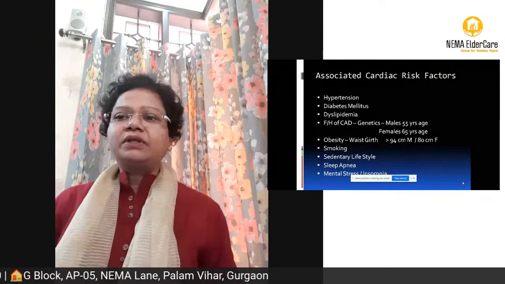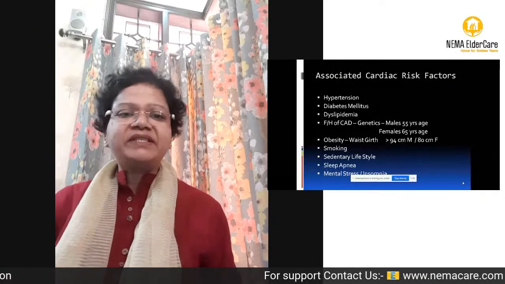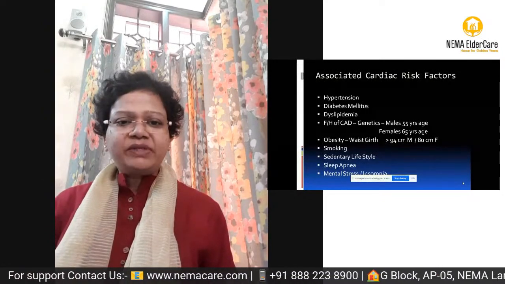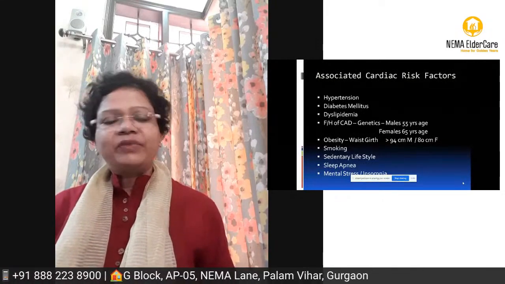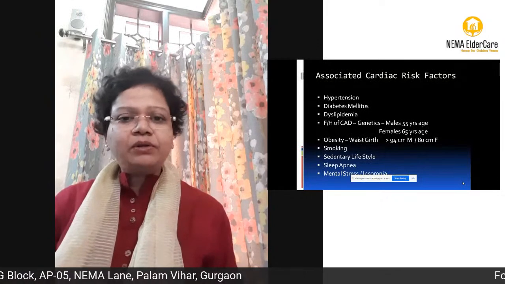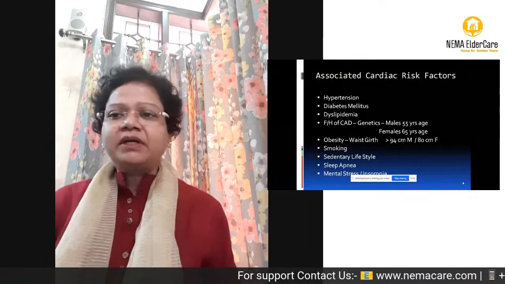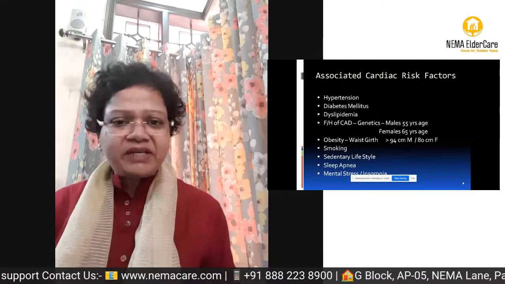Okay, so the most important ones are hypertension, which we say high blood pressure, diabetes mellitus, which is commonly called sugar. These two diseases are very bad. Although they have become very common, India has become the diabetic capital of the world. We know that the volume of these diseases is going high exponentially.